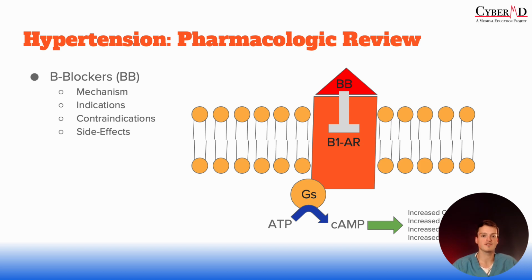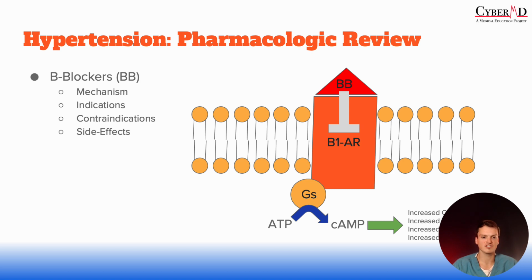And that action is going to lead to a decrease in heart rate, cardiac output, as well as the release of renin from the kidneys. And so by reducing the heart rate and the force of the heart's contractions, beta blockers effectively lower blood pressure. They also have a role in diminishing the sympathetic nervous system's response, which is often elevated in hypertension.